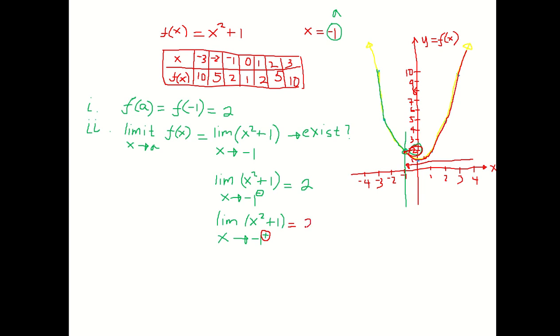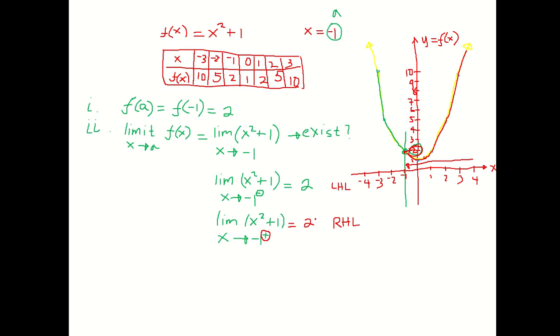Okay, so now we have proven that this is our left hand limit, LHL, which stands for the left hand limit, and the right hand limit matches, so they are equal and both equal to 2.